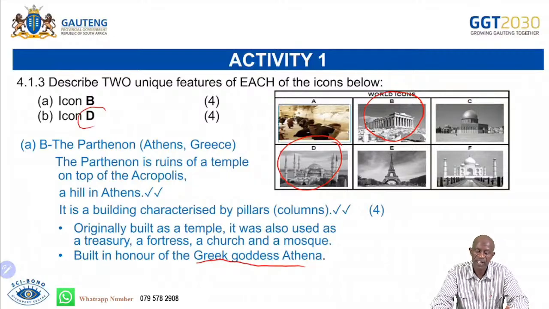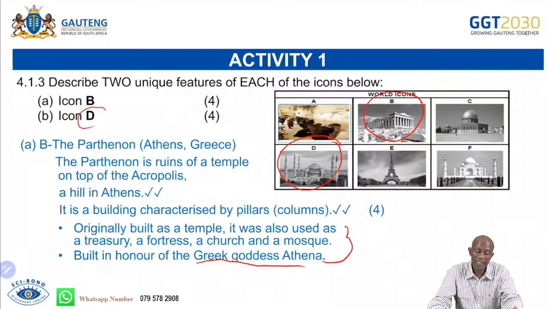I think we have explained this during the time when we were looking at the icon itself. So these are the two attributes needed, but on the guide, we have two more to choose from. So we have asked you to give features of icon B.